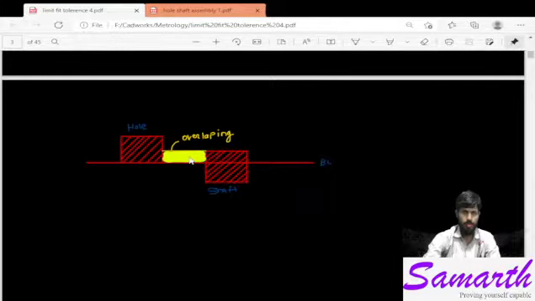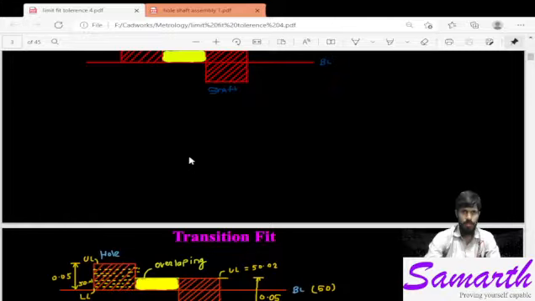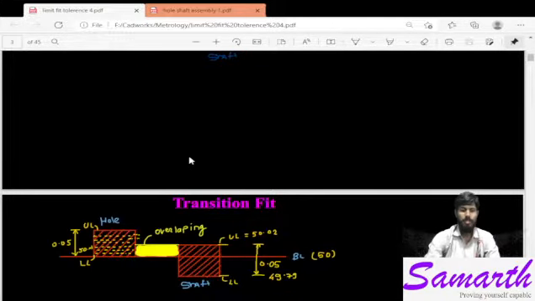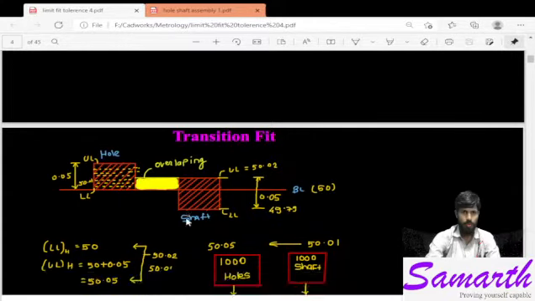So this is the overlapping portion, and this is called clearance or interference or transition. Clearance will be there only if there is no overlapping, but here you can see there is an overlapping.